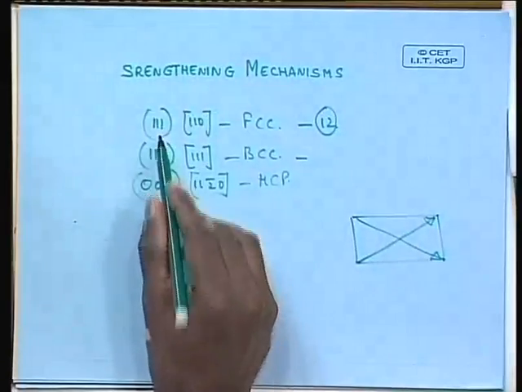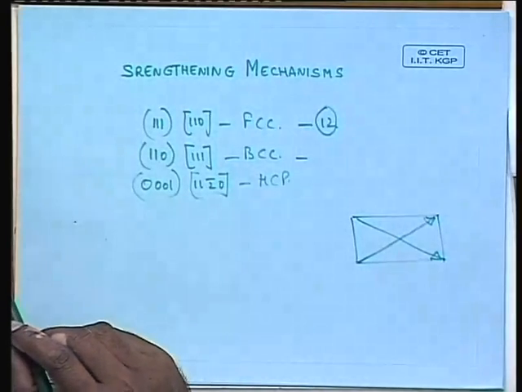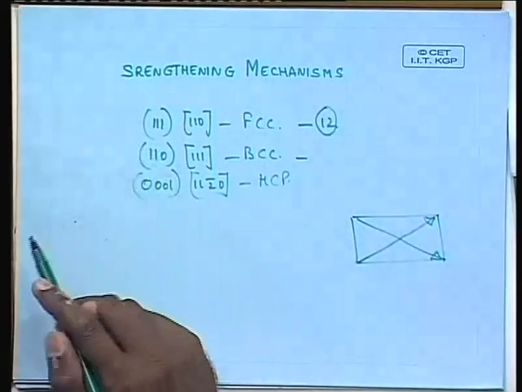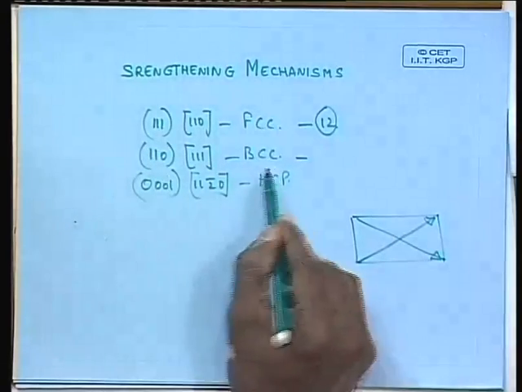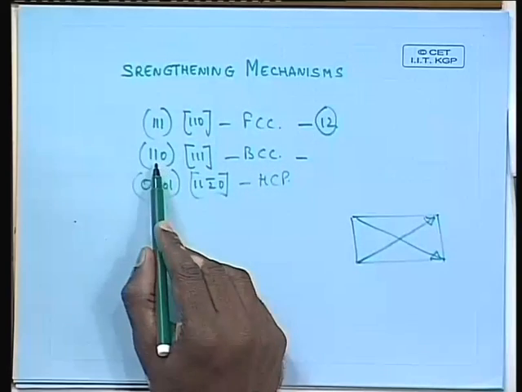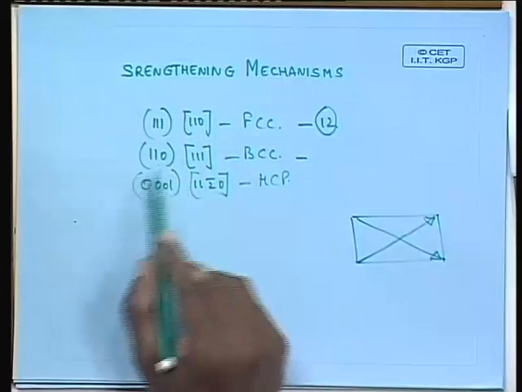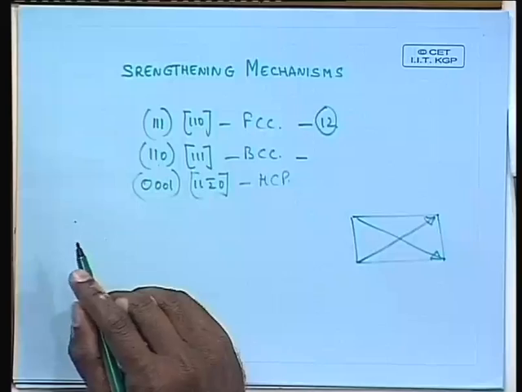If you look at the FCC, there are 12 slip systems which are based on the 111 plane and 110 direction, and if you look at the BCC, the most close packed plane is 110 and the close packed direction is 111.